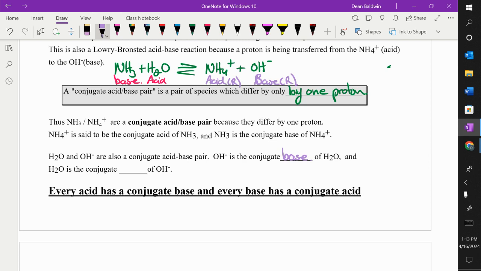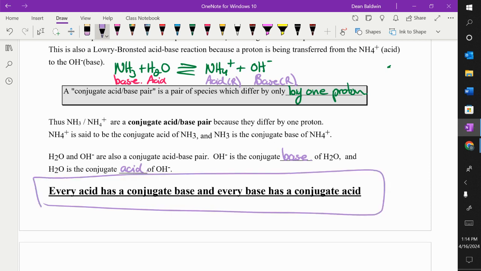And H2O is the conjugate acid of OH minus. Every acid has a conjugate base, and every base has a conjugate acid. Okay?